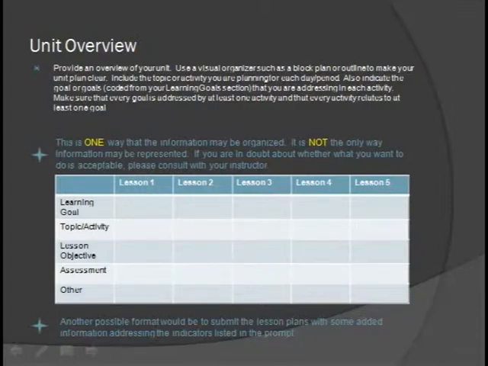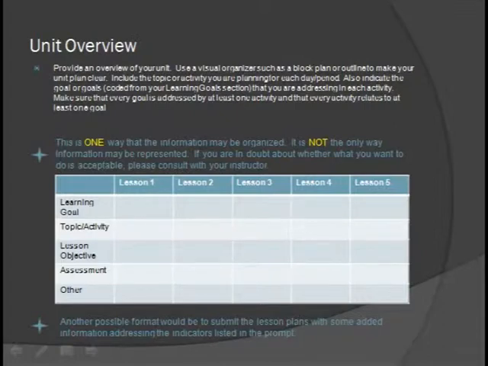Quick word about lesson objectives. Objectives are not goals. Goals are general statements about what kids will know or be able to do. Lesson objectives are statements that include what the student will do, under what conditions, and how well.